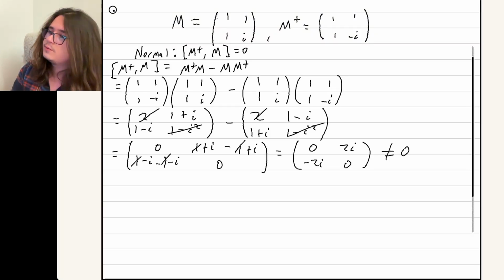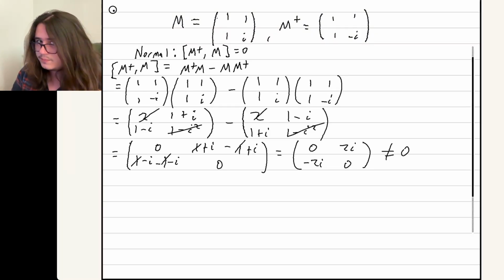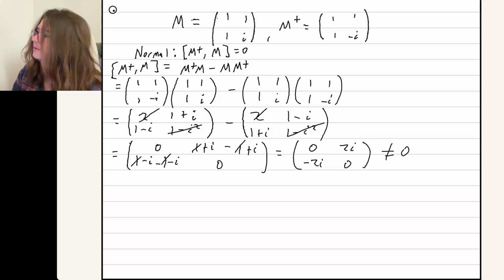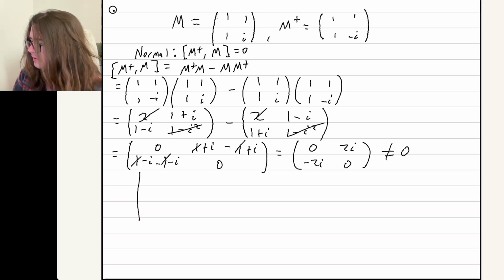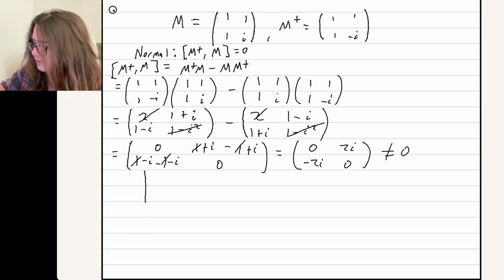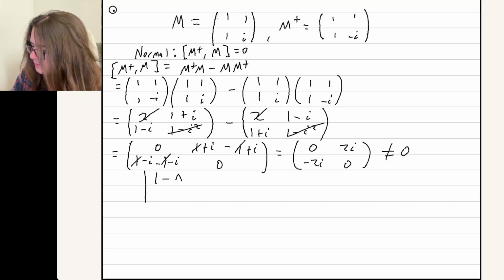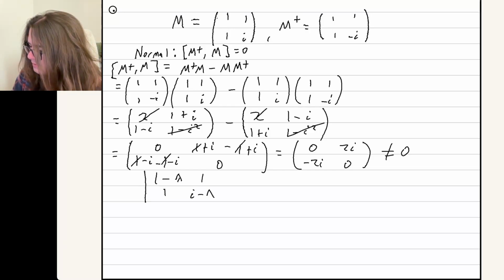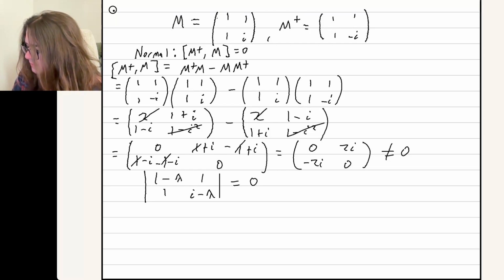Now we need to figure out if it's diagonalizable. The way to do this is to just find what the eigenvalues are if they are there. So setting up the characteristic equation then, we need to calculate the determinant of 1 minus lambda, 1, 1, I minus lambda. Right. And set that equal to 0.